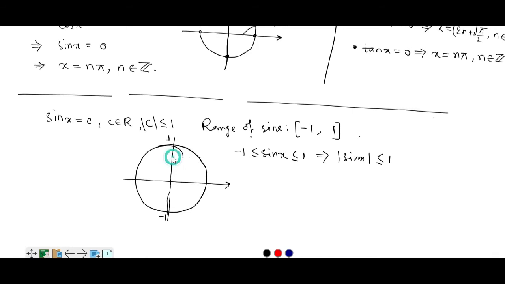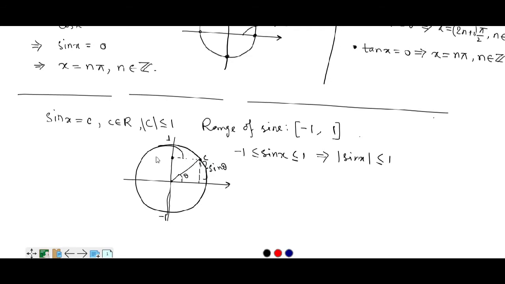Say at this point we are taking the value C. Depending on this C, we can join it with the origin and get some angle theta. For this angle, if you draw the perpendicular, that perpendicular gives you the value of sin theta.